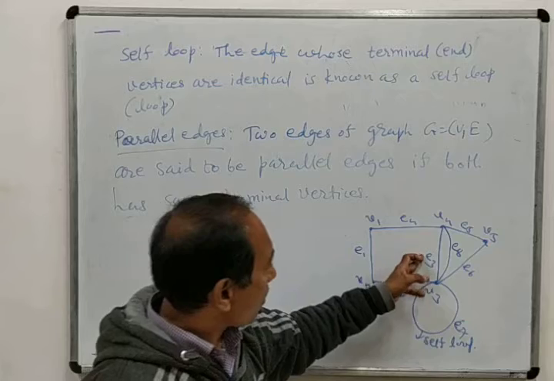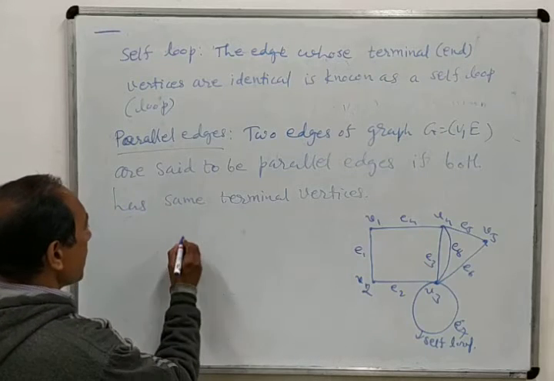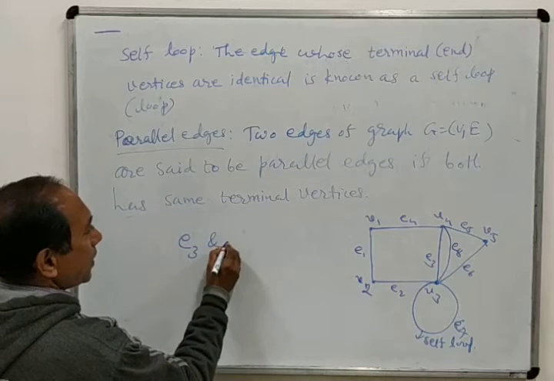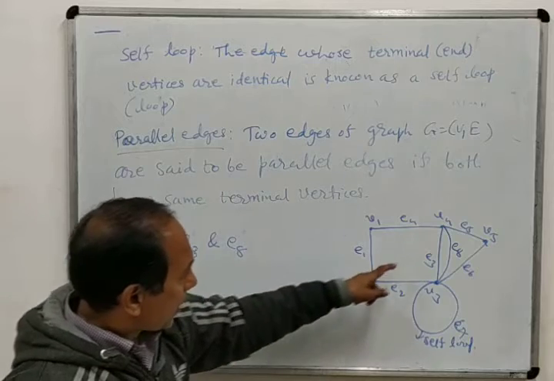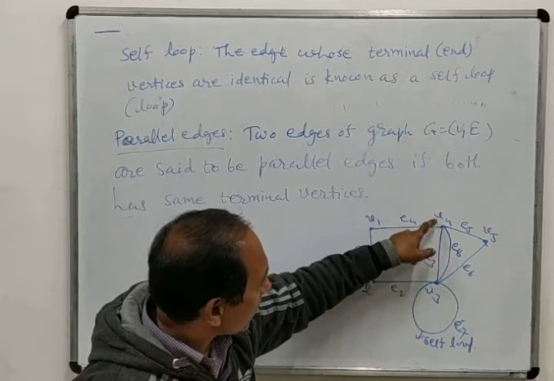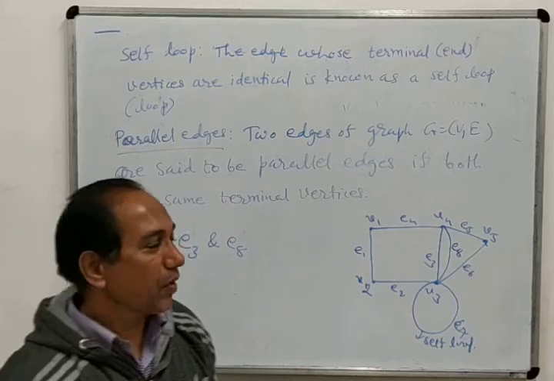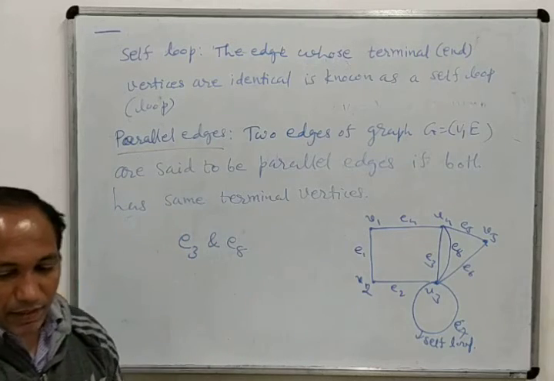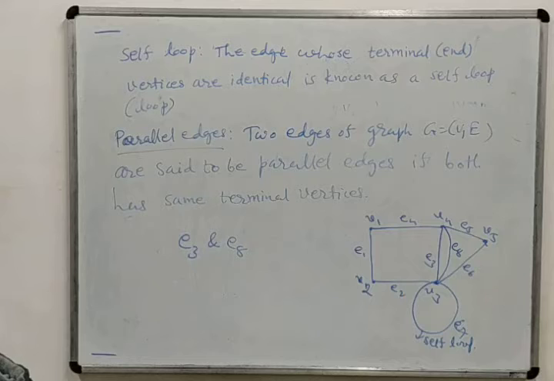But E3 and E8 both have the same end vertices V3 and V4. So E3 and E8 are known as parallel edges.